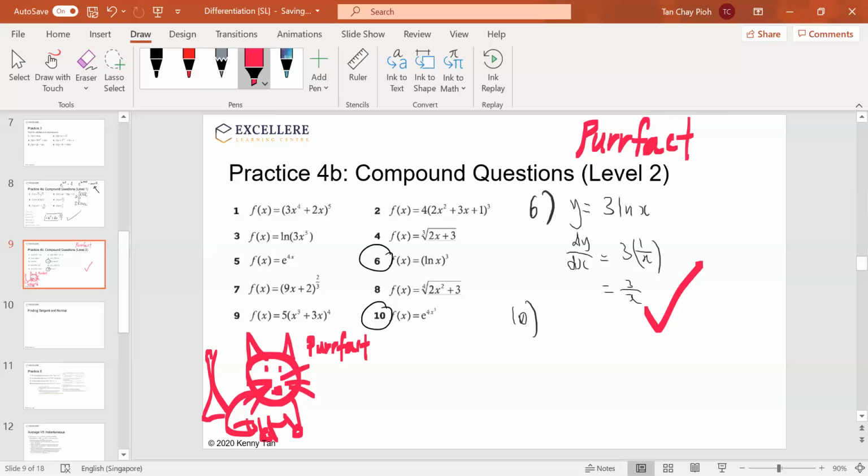It's a freaking cat. It says perfect. It looks like a dog. Oh my god, it looks like a dog and tiger. I'm dying. Oh my god, I'm dying. I can't do e to the 4x.